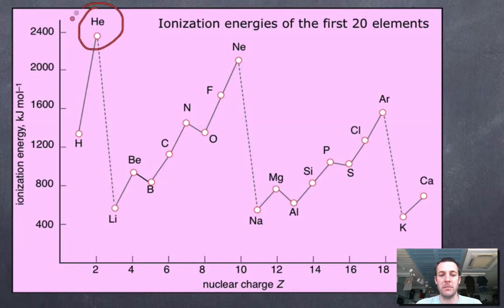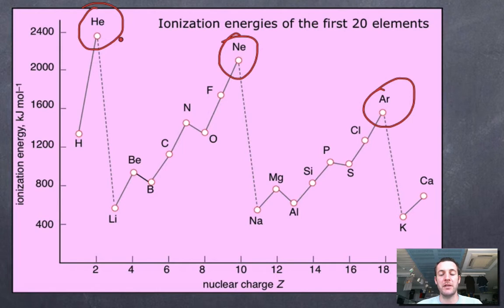There's a big peak at helium, neon and argon, and if you check your periodic table you'll see that they're the noble gases at the end of the first, second and third periods. And you probably know that noble gases have very stable electron configurations. They've got full outer shells, and atoms become stable by gaining full outer shells.